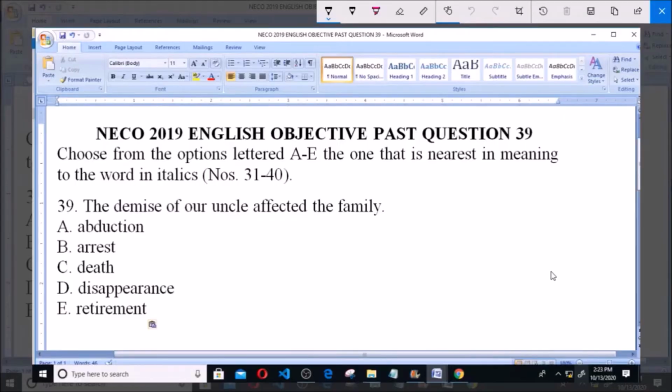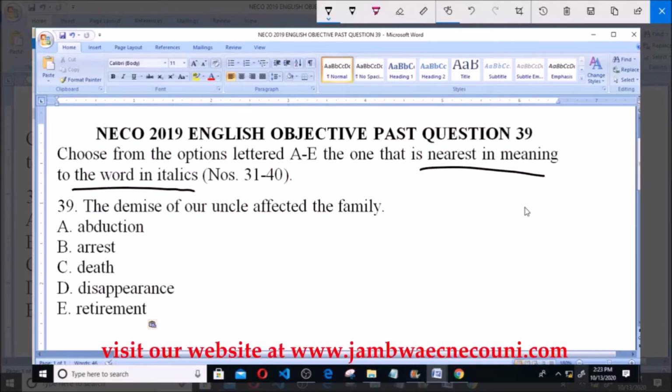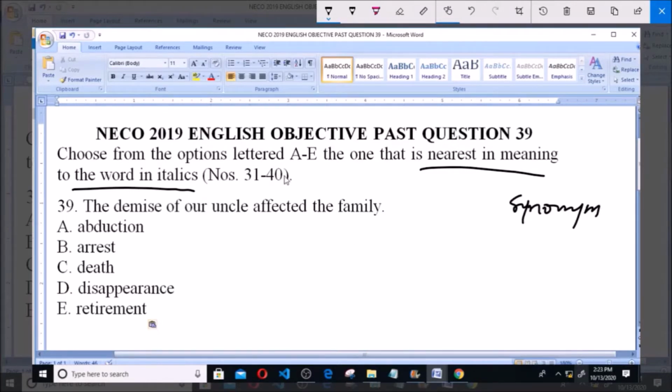Welcome, this is NECO English Objective past question, question number 39. The instruction says, choose from the options lettered A to E the one that is nearest in meaning to the word in italics. This question is coming from synonyms in English, and the italicized word is demise.